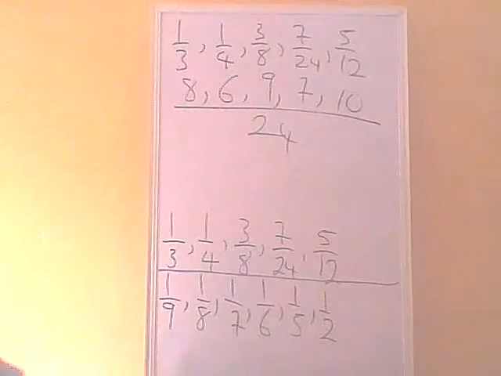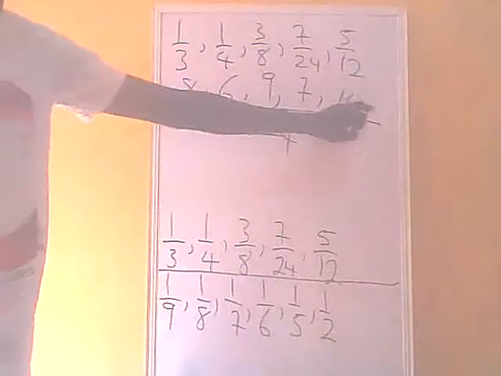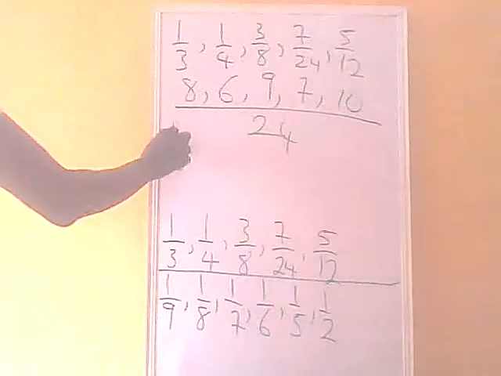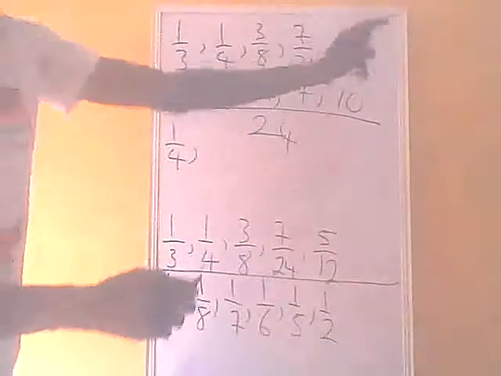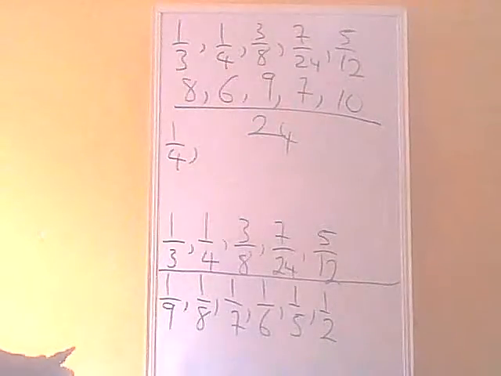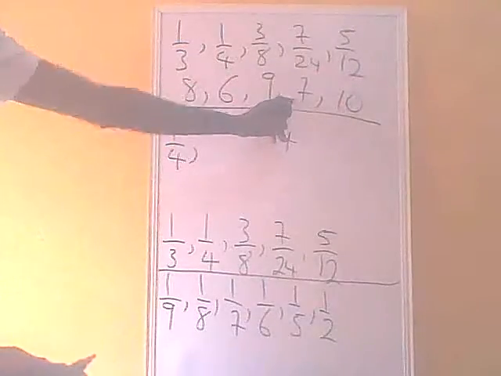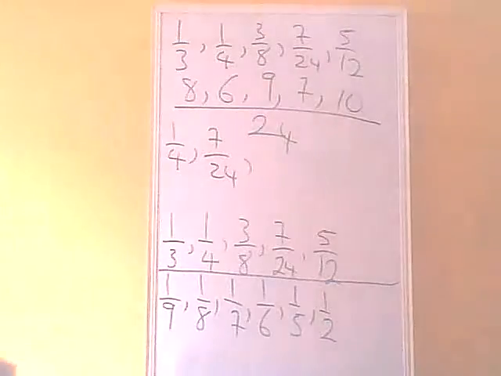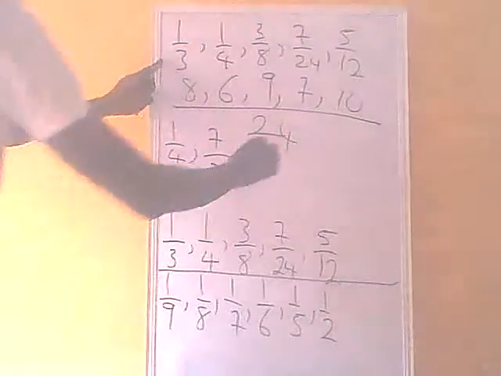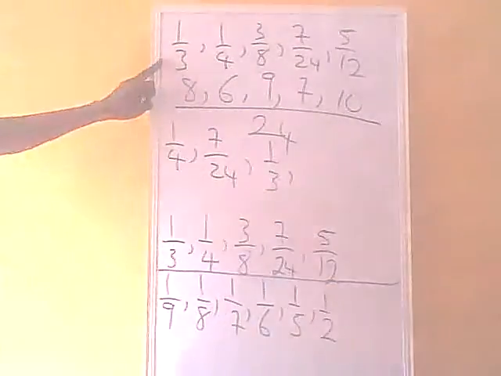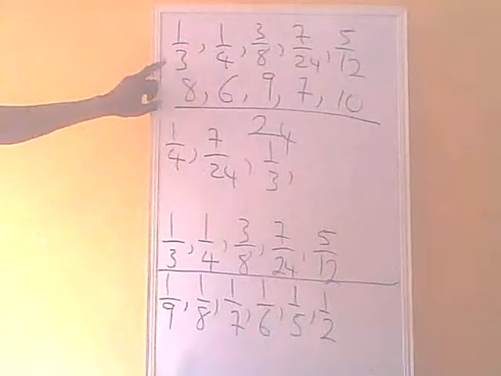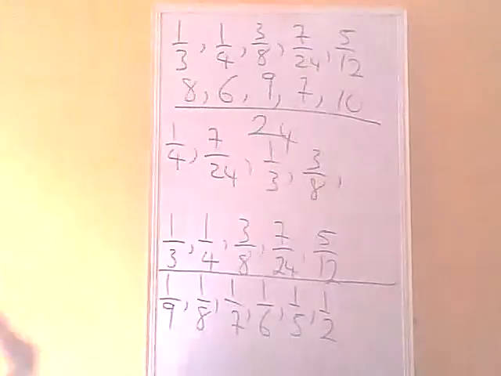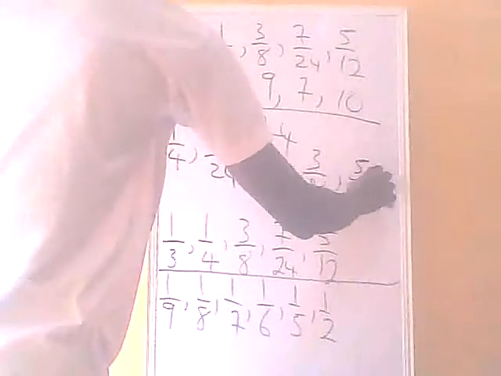We are to arrange them from the smallest to the biggest. The smallest among these numbers is 6, which is under 1 over 4. So 1 over 4 is the smallest, followed by 7, which is 7 over 24, followed by 8, which is 1 over 3. After that, 9, which is 3 over 8, then 5 over 12.